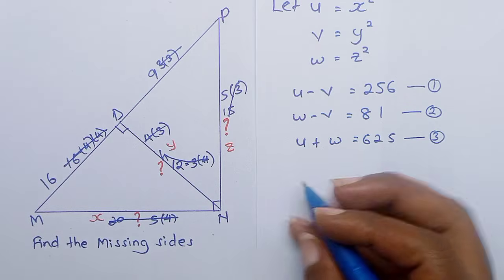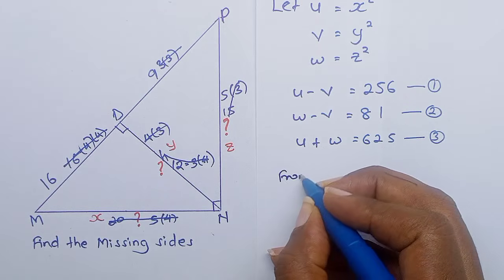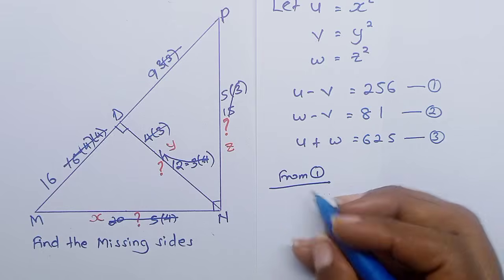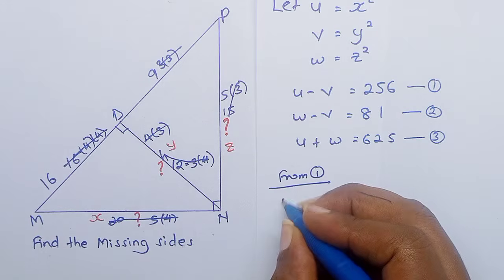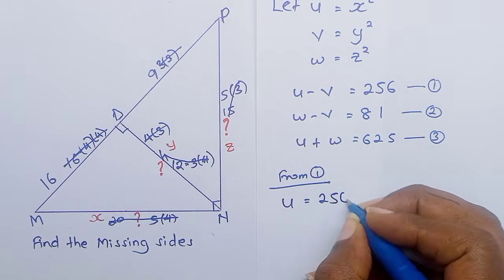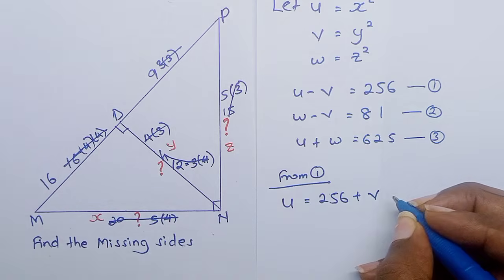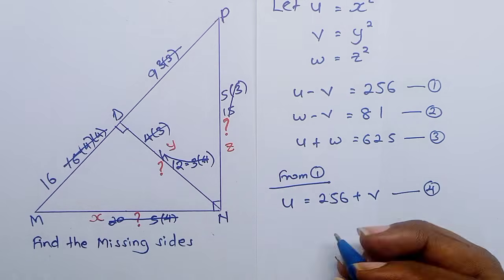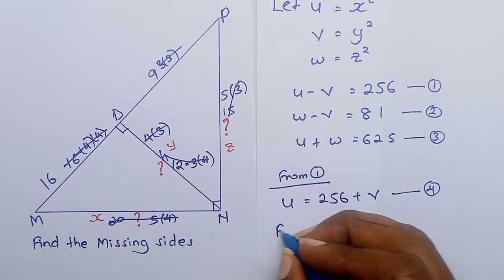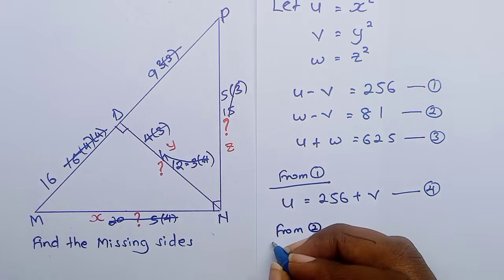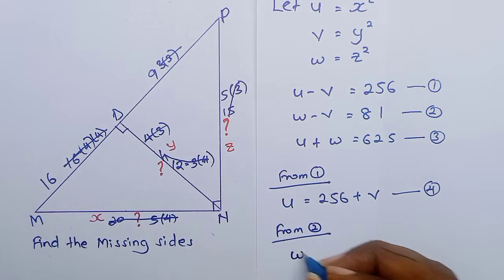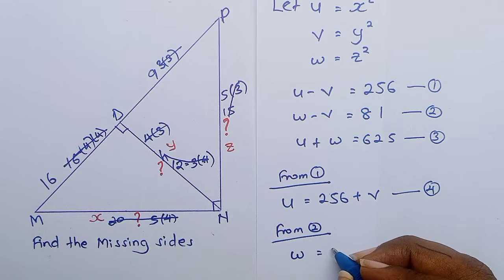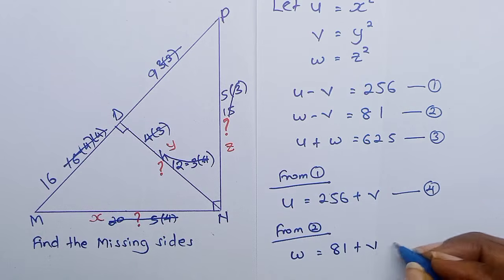Now from equation 1, when we make u the subject, u will be equal to 256 plus v. So let this be equation 4. Now from equation 2, w will be equal to 81 plus v.